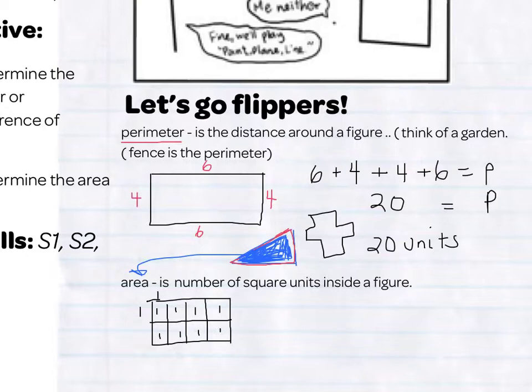This is a 2 by 4, so the area would be 8 units squared. How many 1 by 1 boxes are in here? There are 8 of them. And that's what area really is.